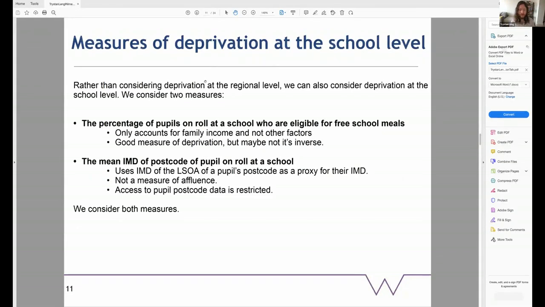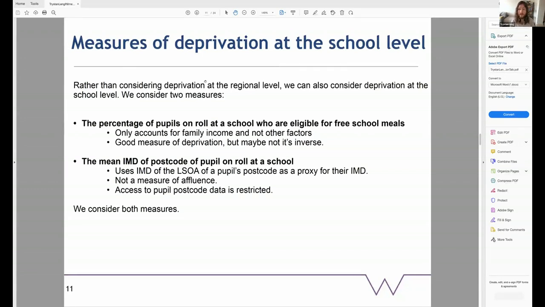Up until now, I've been thinking of deprivation at the regional level, but we have data at the level of schools, so we can also consider deprivation at the school level. In this analysis, we considered two measures. Firstly, we can look at the percentage of pupils on roll at a school who are eligible for free school meals.